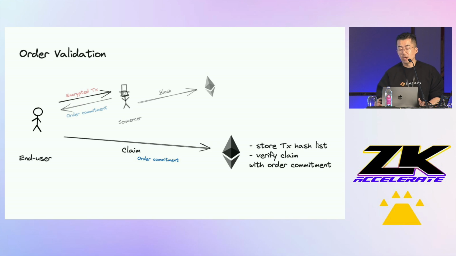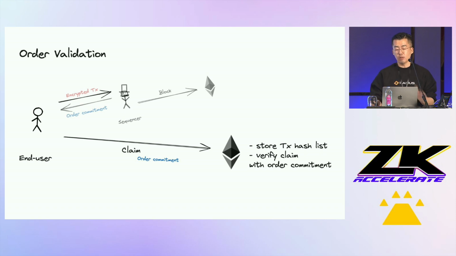The smart contract in layer 1 verifies the claim with the order commitment. So it works trustlessly. When the order commitment is broken, the sequencer is slashed. That's how we can force the sequencer to keep the order commitment. So the encrypted mempool and order validation can protect you from malicious sequencers, and your money will be safe.